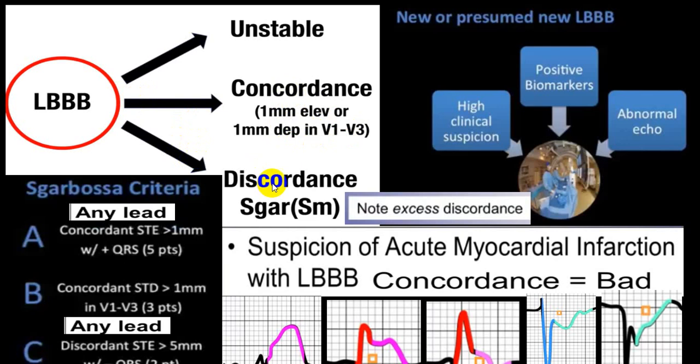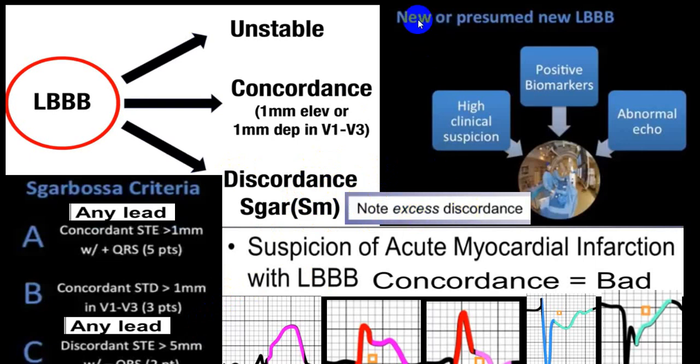Or if there are discordant ST segment changes, which is the Smith-modified Sgarbossa criteria, and if it is more than 25%, then it is in favor of STEMI, but it is only 2 points. We call that an excess of discordance.